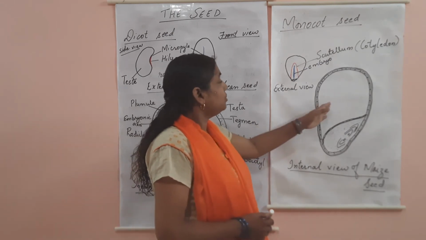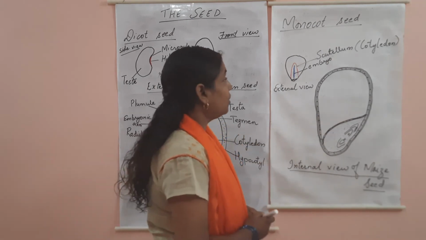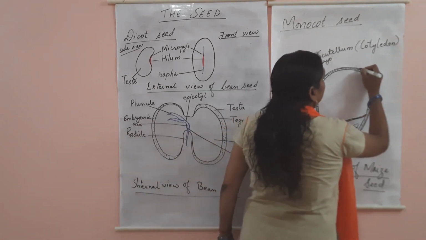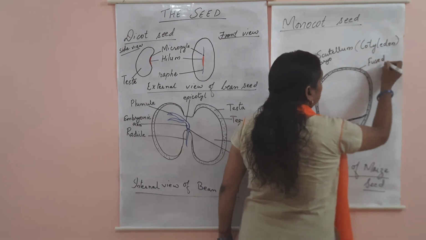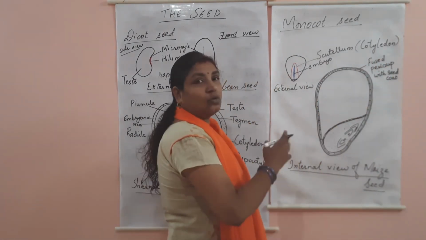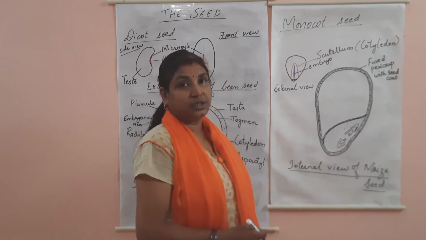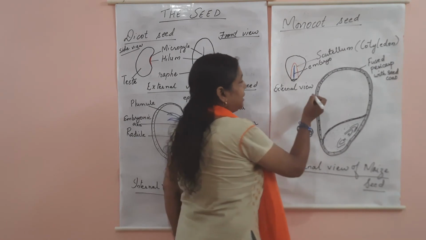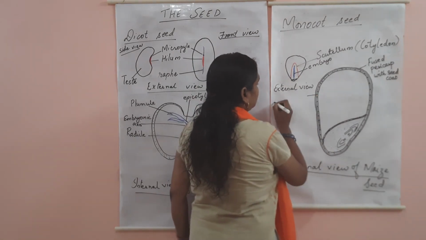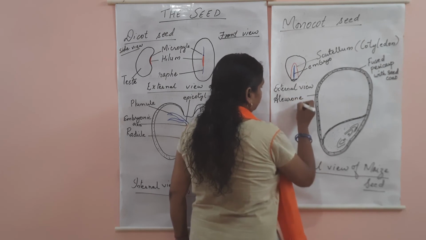Now coming to the internal structure of your maize. This is your fused pericarp. The outermost covering is your fused pericarp with seed coat. Just inside that you have a special layer called the aleurone layer.